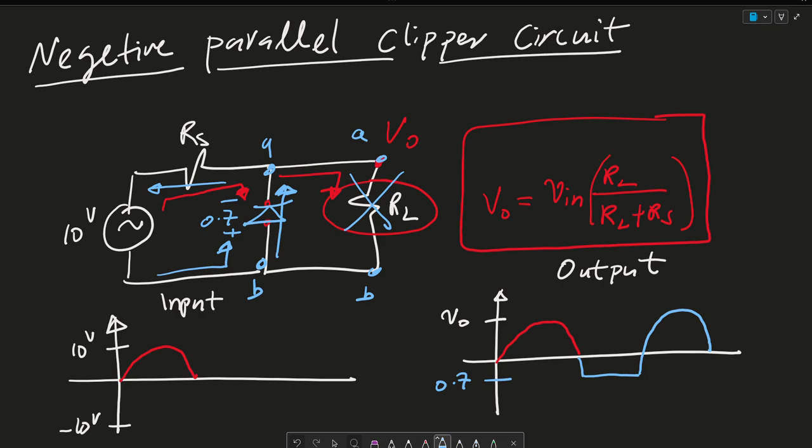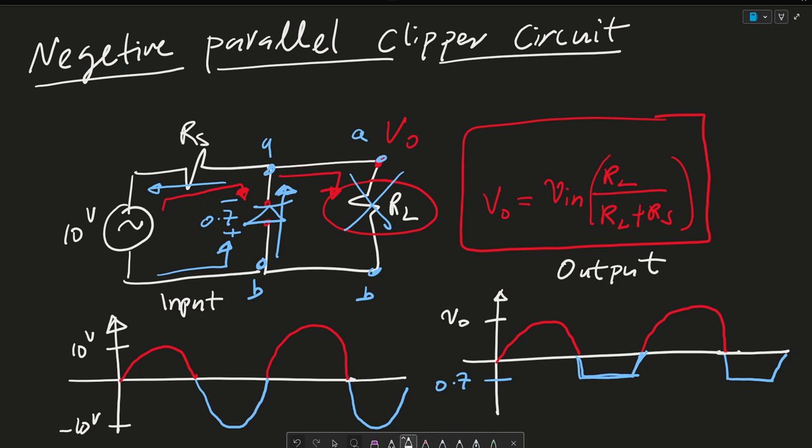Or let's go with red. So it comes here. If this was going down here, it gets shunted to 0.7, and then it comes back up like this. And this one comes back up like that. Then again, if this one goes down, it gets shunted to here.